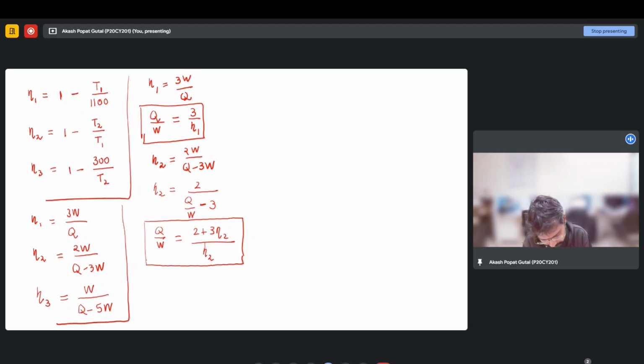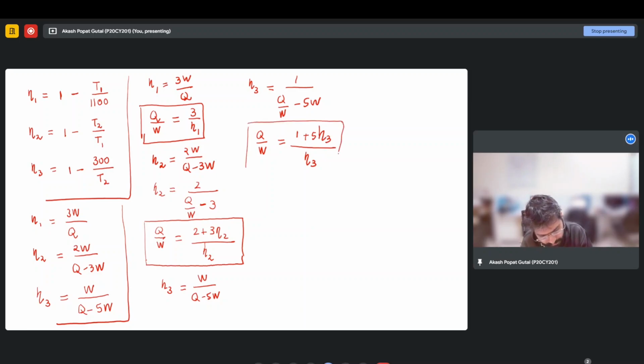And in a similar way, we have the third relation. Eta 3 is W by Q minus 5W. Again, we divide by W, and we get eta 3 is equal to 1 by Q by W minus 5. Similarly, by rearranging, Q by W is 1 plus 5 eta 3 divided by eta 3.